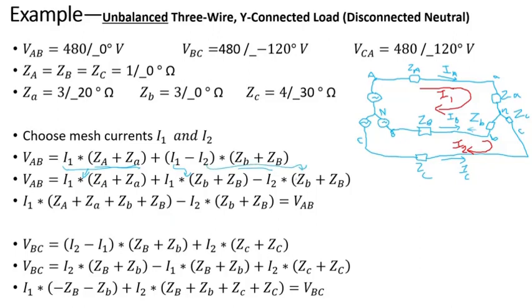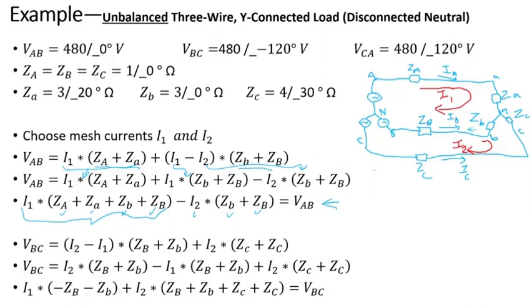So I can factor I1 on one side and I2 on the other side, and as you will see, I'll put it in matrix format. What I come up with is I1 times the quantity ZA plus za plus ZB plus zb, minus I2 times ZB plus zb, which is equal to VAB. So that's equation 1.